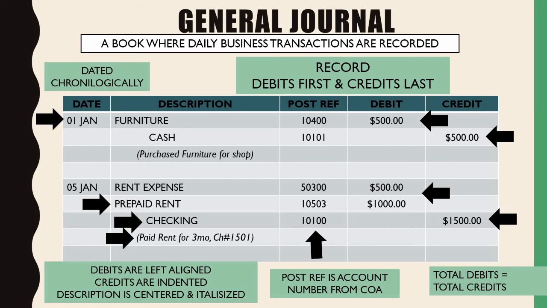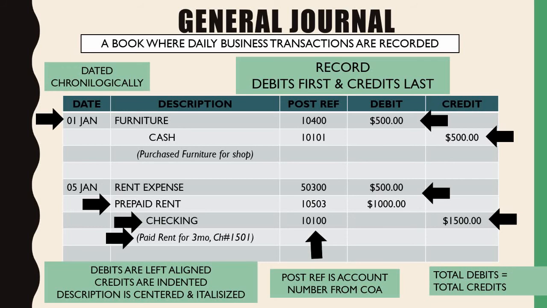Okay? So let's take a look at the second example here, where we're looking at rent expense, right? In this case, I'm purchasing 3 months of rent. However, one of those months I'm using currently. So here, I have $500 for the current month, and then I have 2 extra months as prepaid rent, right?